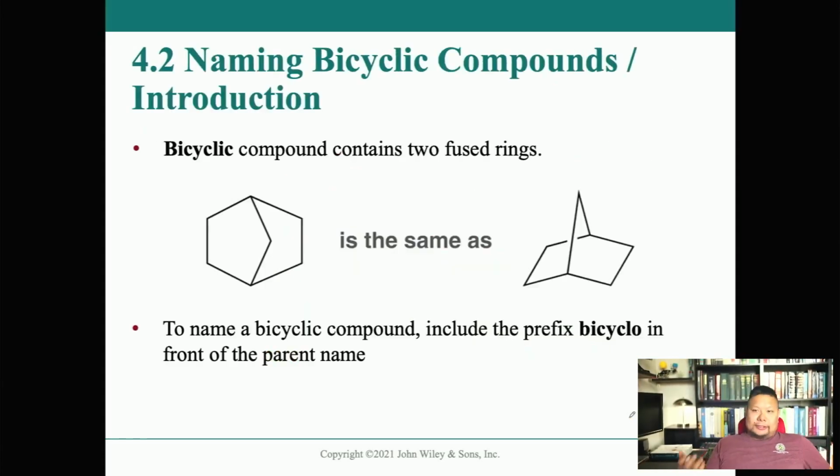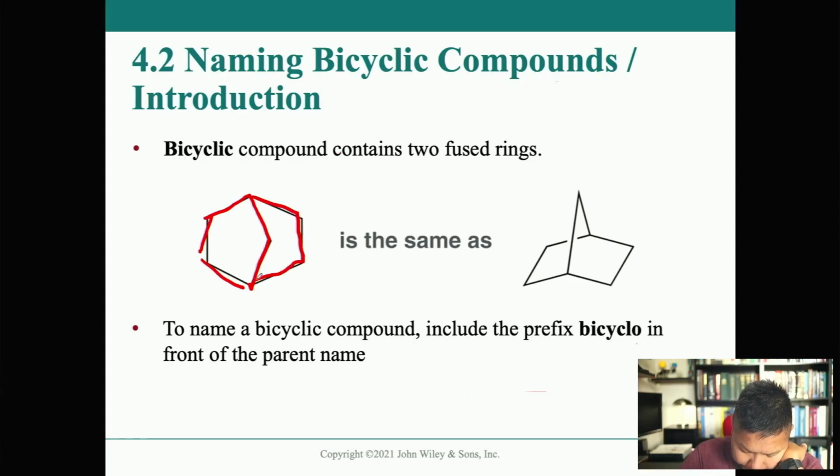Just when you thought it was getting a little bit simpler, now we have bicyclic compounds, because you can have an alkane that's bicyclic, where you have a 5-membered ring here, but then you can also have a 5-membered ring over here.